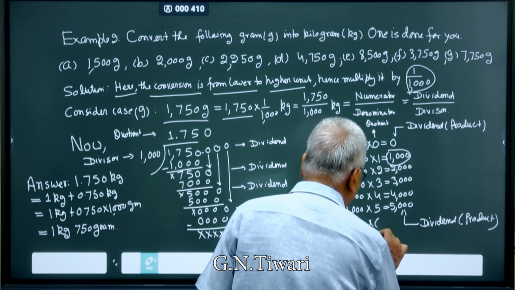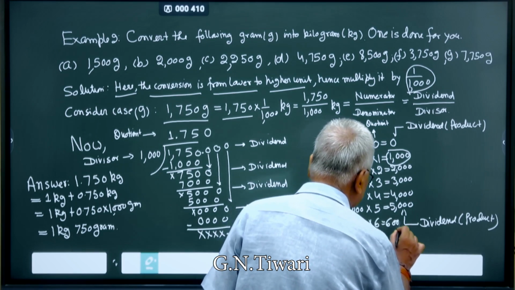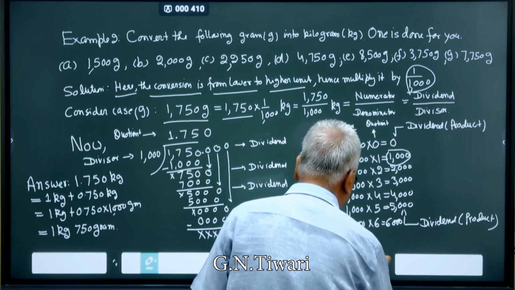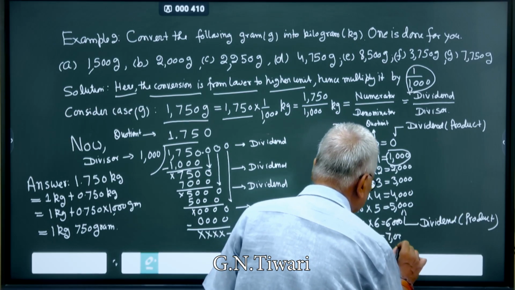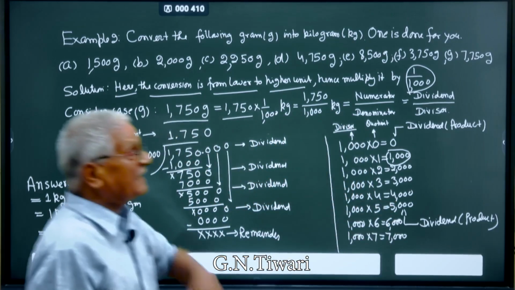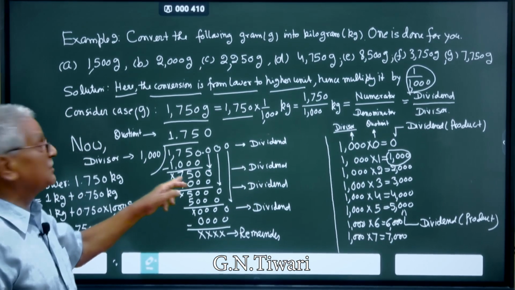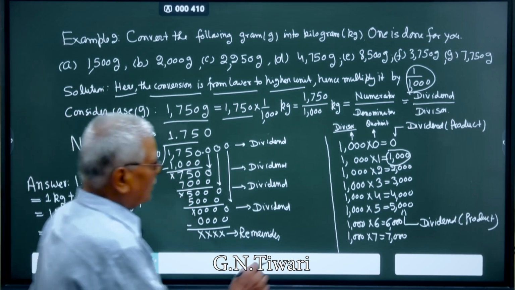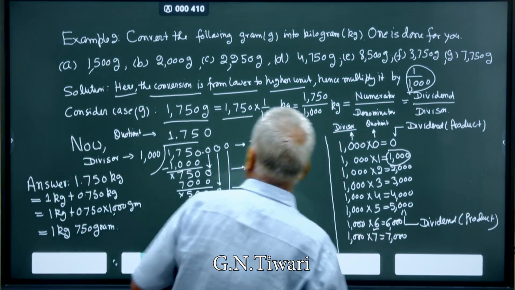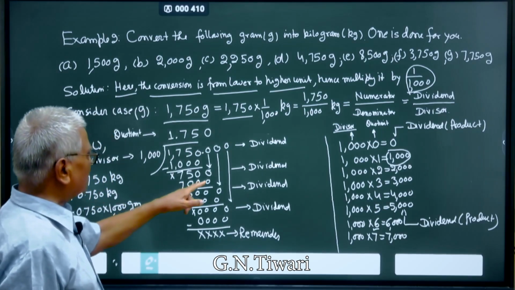If you multiply 1000 by 6, it becomes 6000. If 1000 is multiplied by 7, it becomes 7000. If you multiply by 8, it is 8000, but that becomes more than this dividend. The divisor should always be less than the dividend. So now your quotient becomes 7. So I put 7 here and 7000 here.